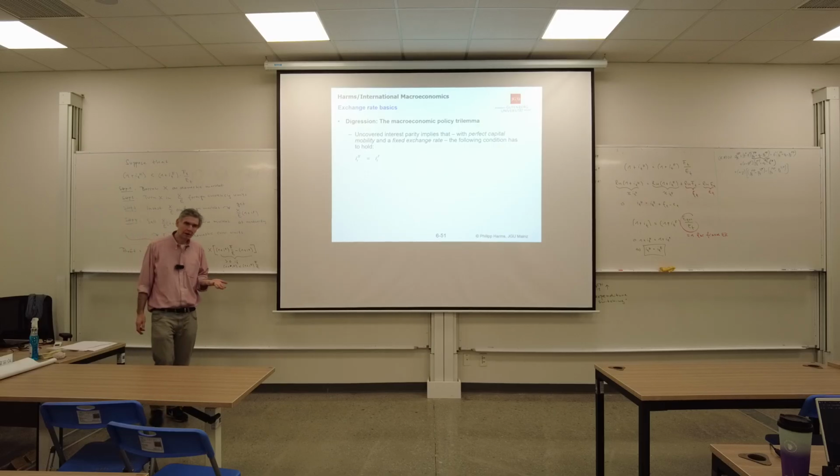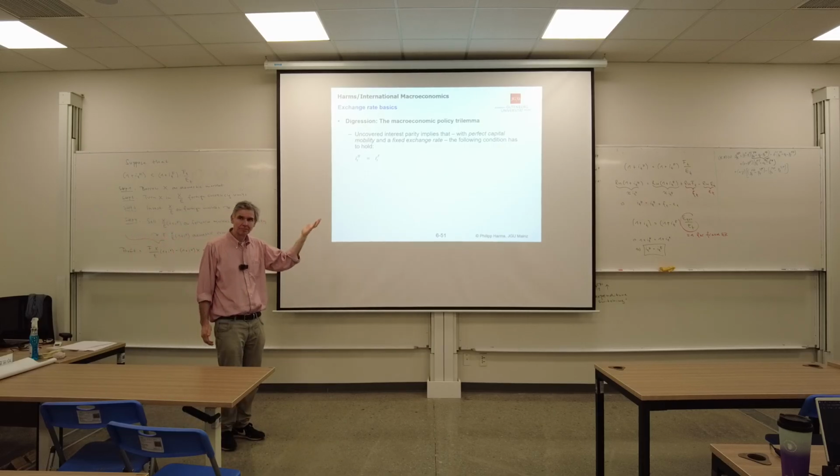If monetary policy is about setting interest rates, your interest rate has to be equal to the foreign interest rate. So, for example, the Danish kroner is pegged against the euro. Now, Danish monetary policy is pretty boring because what the Danish central bank has to do is follow the European Central Bank. Same thing for the Central Bank of Bulgaria, Bulgaria also having a peg against the euro.